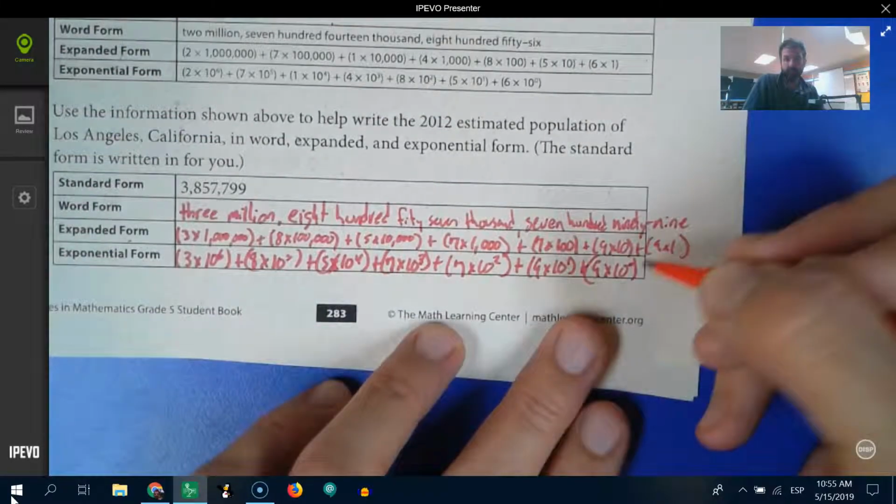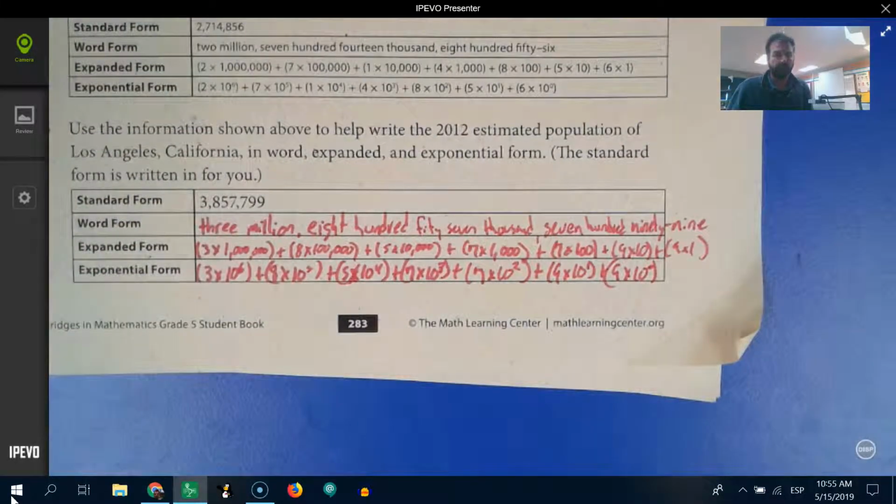So 10 to the 0 power is considered 1. Okay, thanks.